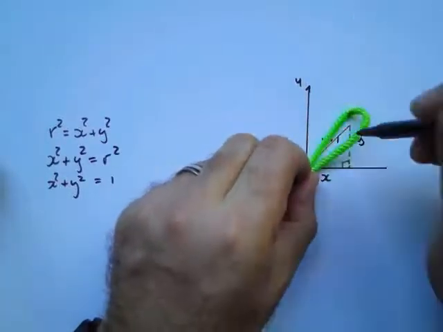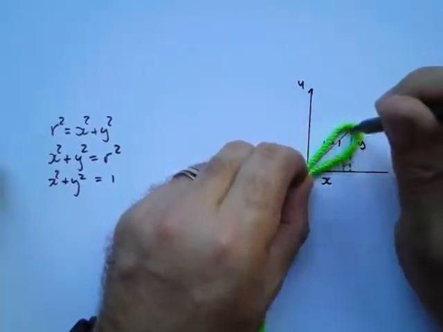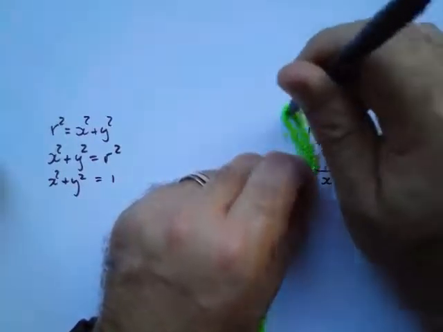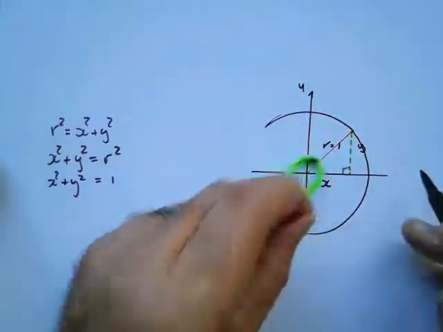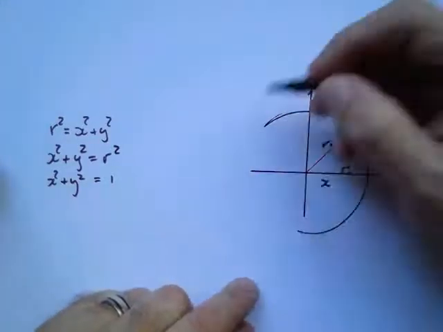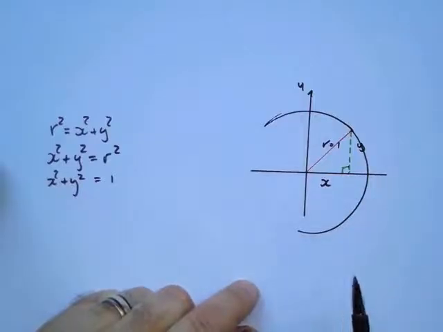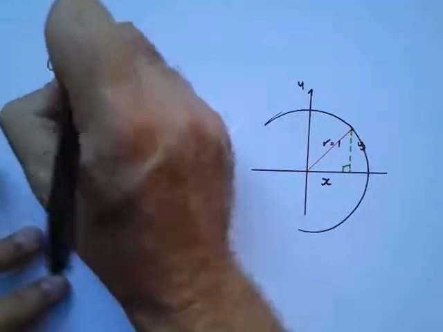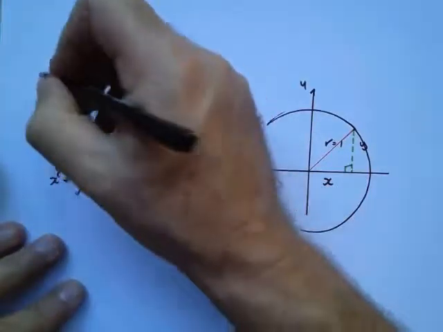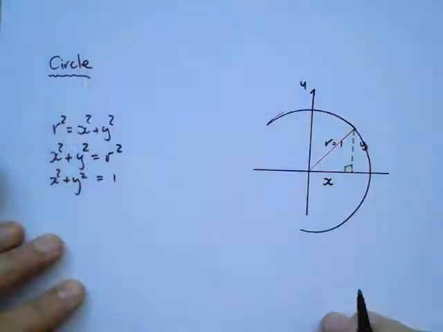Okay, so when I'm there, which means that everywhere there, I'm going to have a distance of r all the way around. So what shape do I get? I get a circle. And this is why this topic is all about circles.